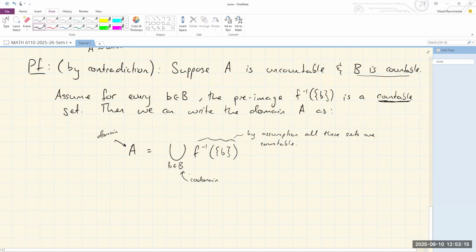So this is a countable union of countable sets, which is countable. So hence, A is the countable union, because the union ranges over every element in B, and we were told that B is countable. So hence A is a countable union of countable sets, which is countable.